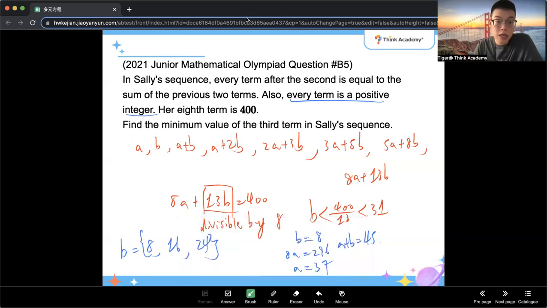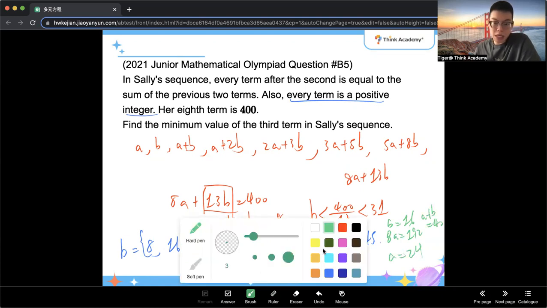And then the second one, when b is 16, it means 13b is going to be 208. So 8a is 192. A is going to be 24. So a adding b is 40.